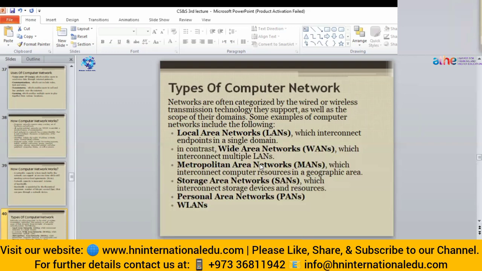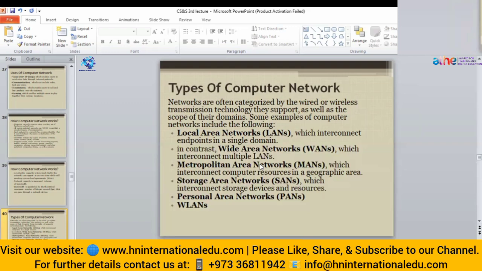The first one is the local area network, which interconnects endpoints in a single domain, like within a building. In contrast, a wide area network will interconnect multiple LANs.